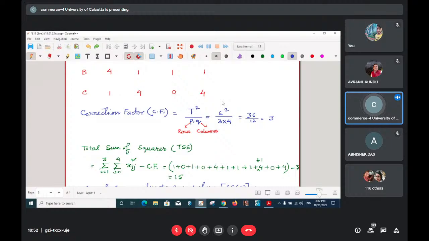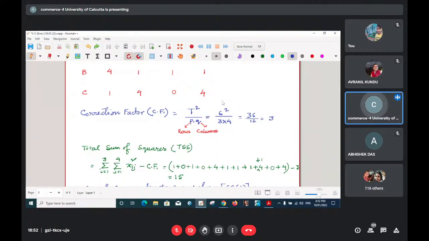So what is my total sum of squares? Total sum of squares is the summation of squares of each observation minus correction factor. Plain and simple. TSS is the sum of the squares of the observations minus correction factor.